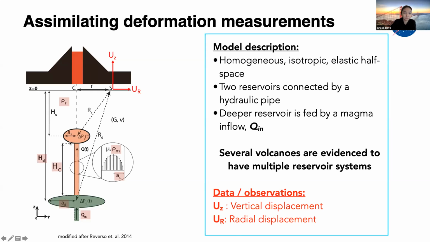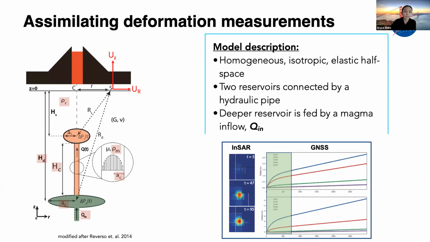You see that you have these two reservoirs connected by this hydraulic pipe here, and the bottom chamber or reservoir is fed by this magma inflow rate Q in. This model can actually explain the exponential trend followed by this kind of linear trend in the displacement time series during intereruptive periods.